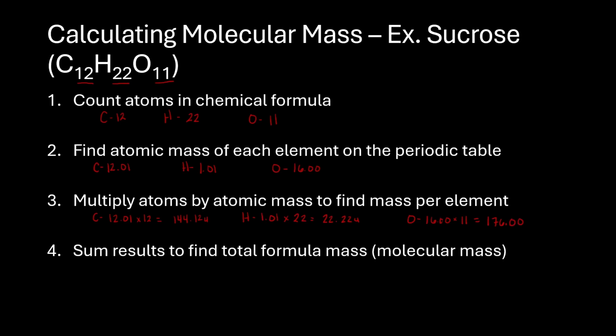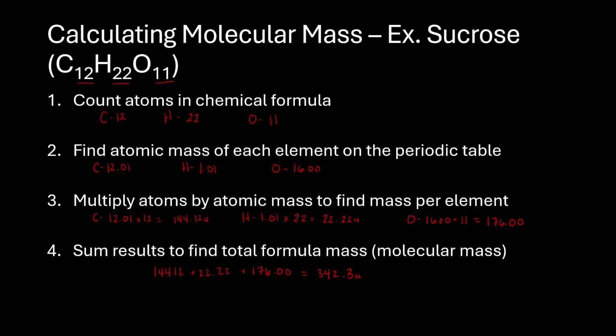176.00. The last step in this is just to sum the results to find the total formula mass. So we're going to go 144.12 plus 22.22 plus 176.00, and we get a total of 342.3 for our formula mass units.